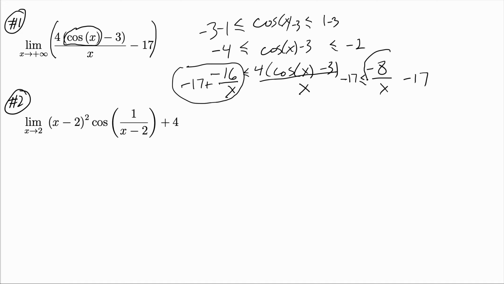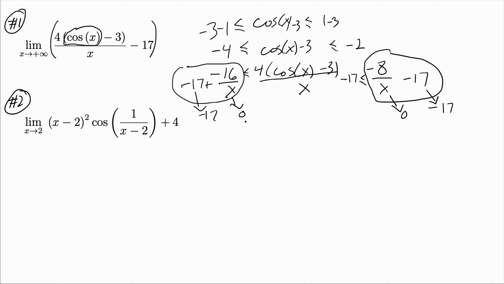And notice what's better about these is that they aren't jumpy like cosine x. It's not wobbly, as the denominator is going to infinity. This is a fixed numerator right here, and x is heading off toward infinity, so this part definitely will go to 0, which means this side goes to -17. And right here this part will definitely go to 0, which means this side also goes to -17.